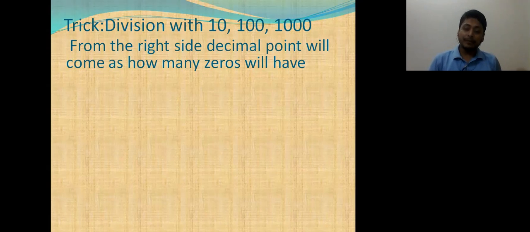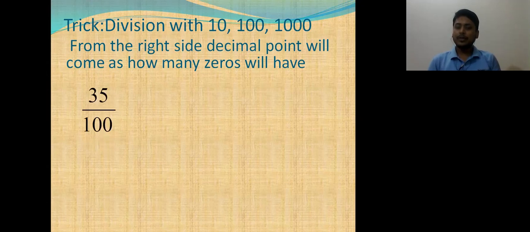That means if 10 is the denominator, then from the right side after one number the decimal point will come, and if the denominator is 100, then from the right side after two numbers the decimal point will come. Like this. So go 35 by 100. We have to change 35 by 100 into what?